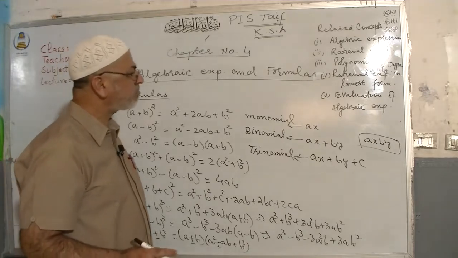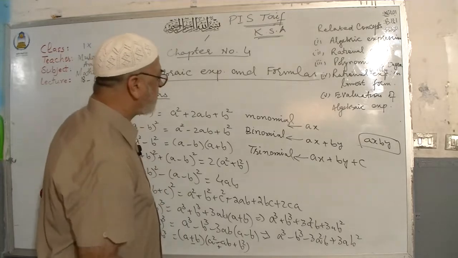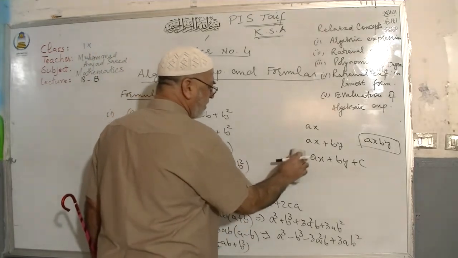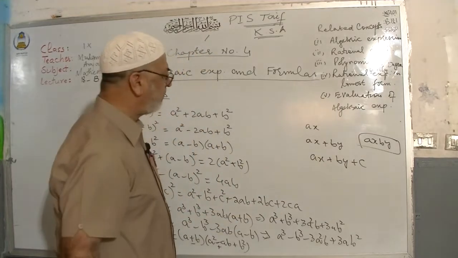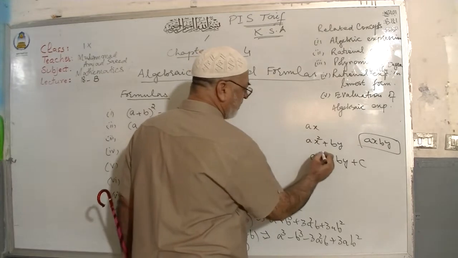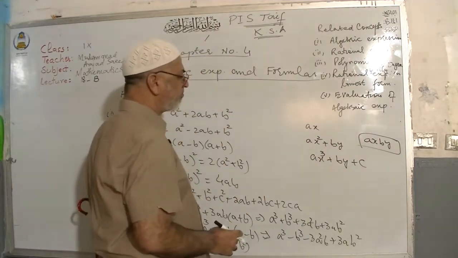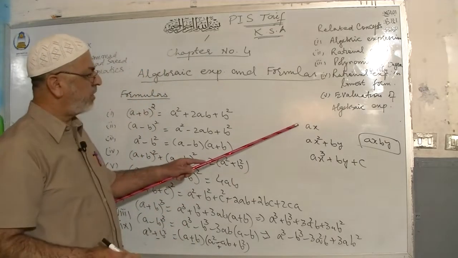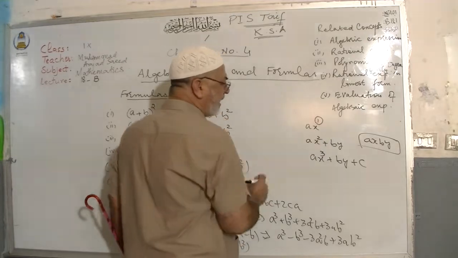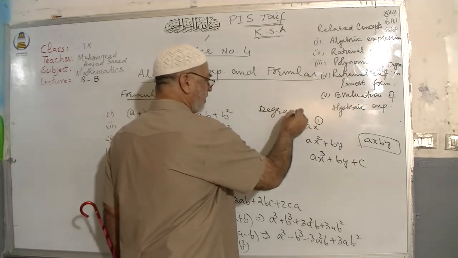After that, degree of polynomial. In terms of degree of polynomial, again we have different types. Suppose we have ax, here is ax square, this is ax cube. This is a polynomial with maximum power of variable 1, so its degree is 1.